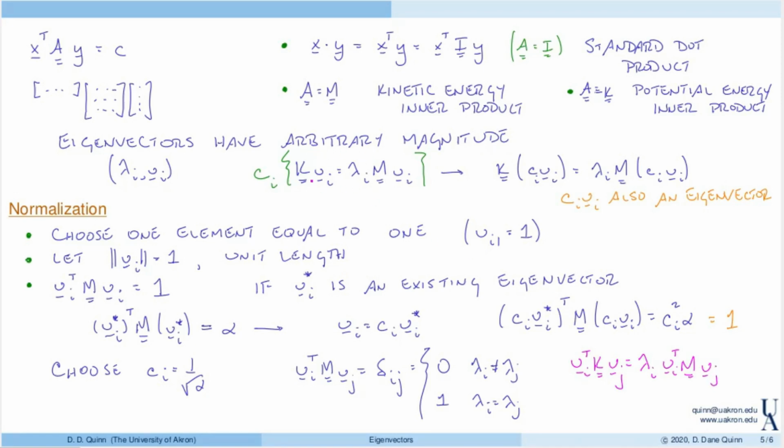Again, you can look at the eigenvalue problem, pre-multiply by an eigenvector. Well, that's going to be equal to lambda times delta_ij. So this equals lambda if i is equal to j. And so u_i transpose times K times u_i is equal to the eigenvalue itself. So if I normalize by the kinetic energy inner product, then the potential energy inner product of the eigenvector itself is simply the eigenvalue.